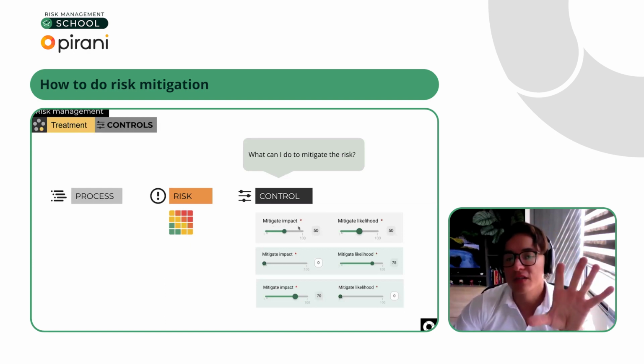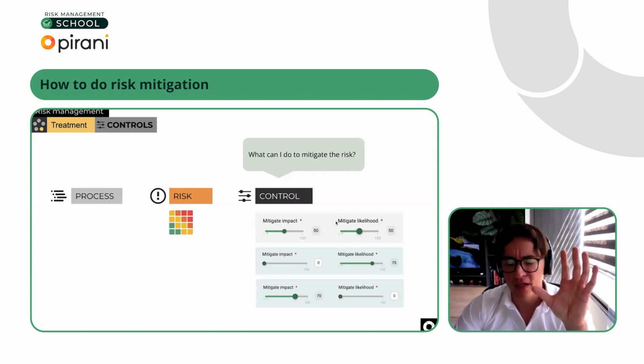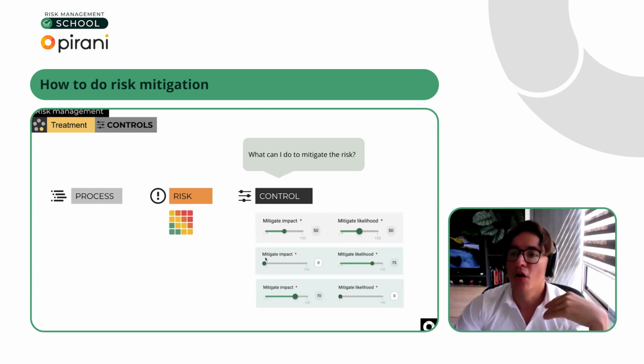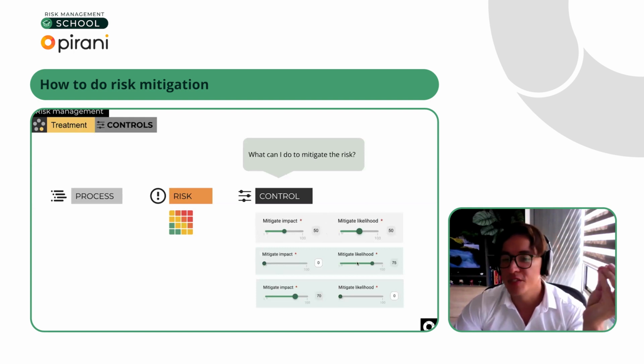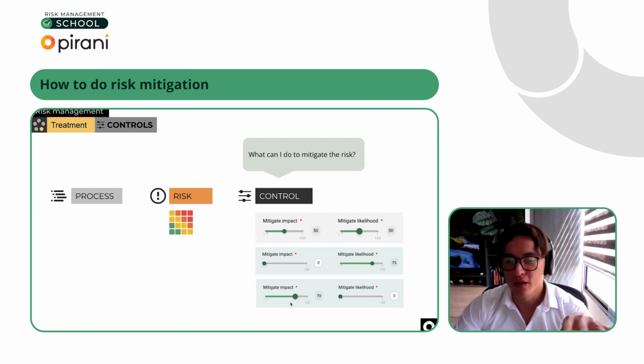So in this specific example, maybe this will be control one, and maybe it mitigates the impact and the likelihood. Maybe it will be detective, and in this case, maybe I have another control that is preventive, that mitigates the likelihood, and maybe another control that will mitigate the impact.